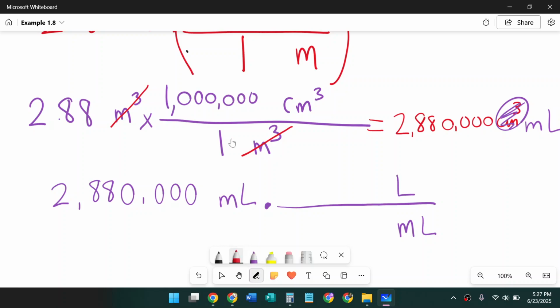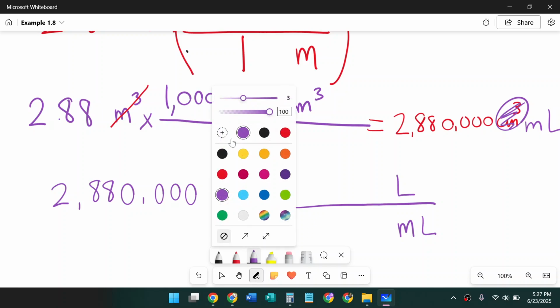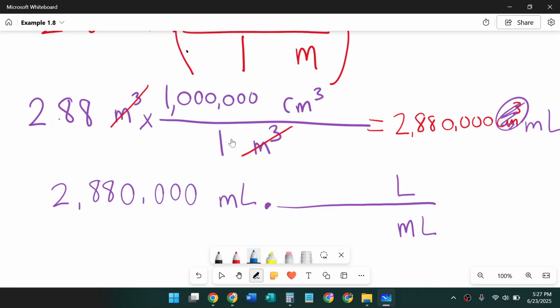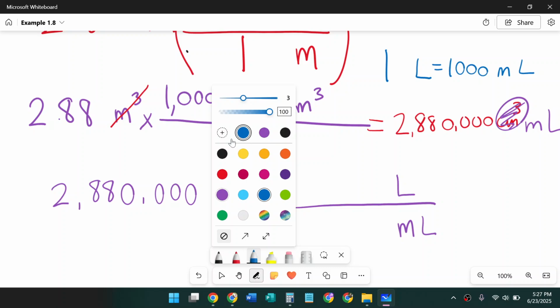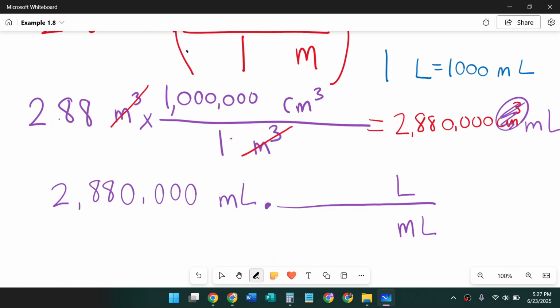If you haven't already written the conversion factor somewhere, let's go ahead and write how many liters is equal to how many milliliters. In this case, we have 1 liter for every 1,000 milliliters. So in our conversion fraction here, the 1 goes with the liter and the 1,000 goes with the milliliters.